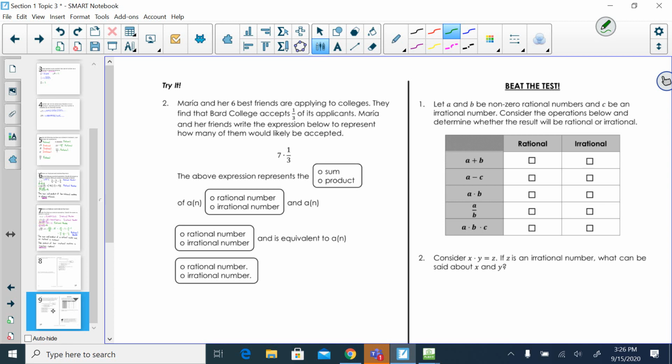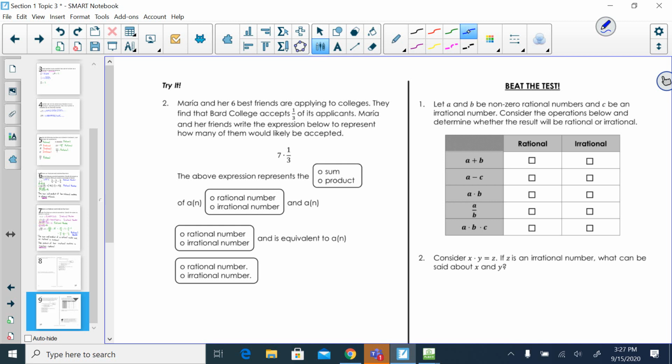So the above expression represents blank. The expression is 7 times 1/3. In this case, the above expression represents a product or a sum.